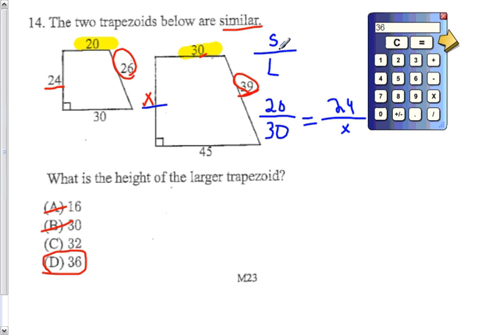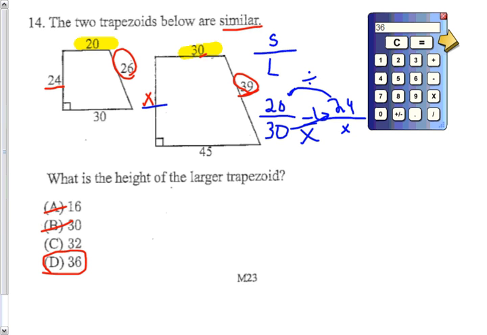And so now we have set it up small over large, and there's a couple of different ways you can set up the ratio and proportion, but as long as you keep everything in order, you'll always have the same answer. So we solve this by whatever is across from each other, we will multiply, and then we will divide by what remains.